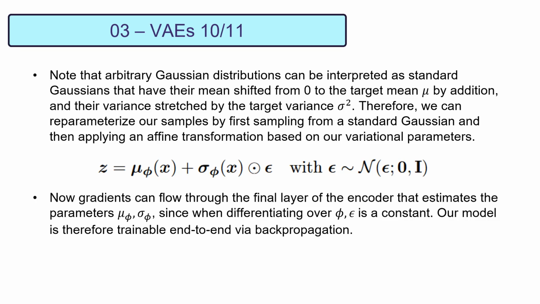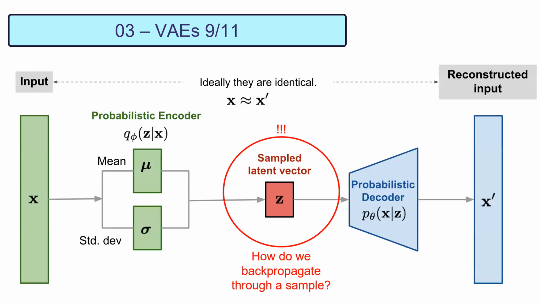Now I can sample epsilon from a standard Gaussian, which does not have to be differentiable, and then these two just multiply and sum. So gradients can flow through the layer, because it is essentially independent of the sampling procedure.